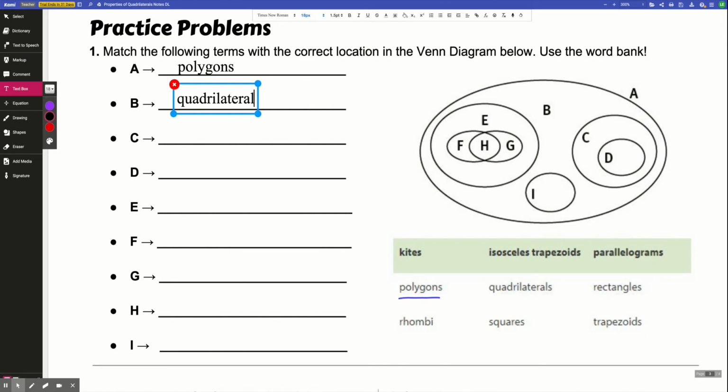The other umbrella term would be parallelograms, but there's not enough spaces inside of circle C for parallelograms to fit there, right? Because if you remember from the notes video, parallelogram is like this big umbrella and it has lots of shapes underneath it. Okay, so that means C should be a trapezoid and D would be an isosceles trapezoid.